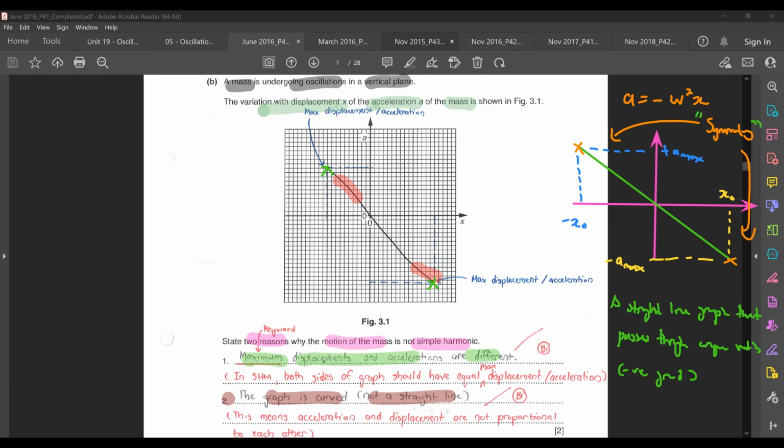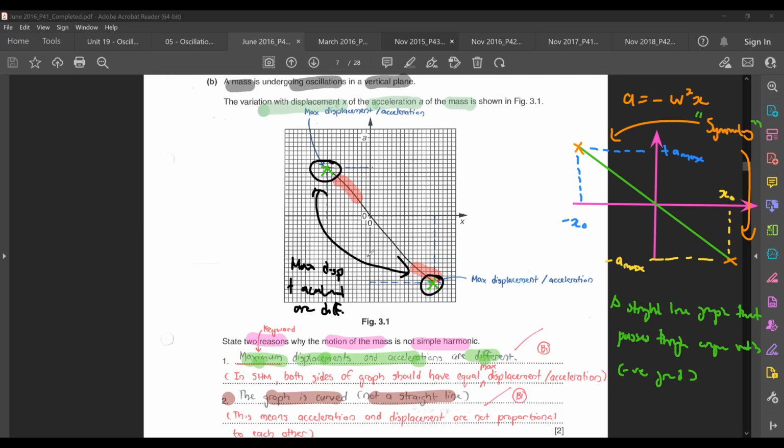Rather than saying that the displacement and accelerations are not symmetrical, it's better for you to word it as this: the maximum displacements and acceleration are different. This part here has a maximum displacement and acceleration that's different from the one here. Maybe I just mark it out: the maximum displacement and acceleration are different.